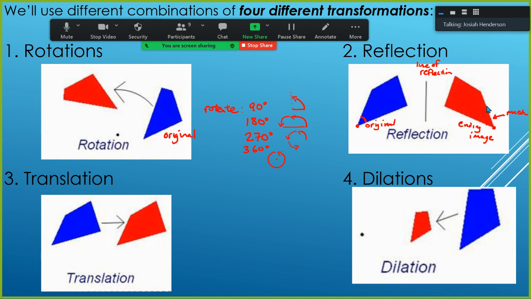Number 3 below is translation, and this is kind of a drag and drop. With translation, it's nice because the orientation is the same. We can see the blue image and the red image are in the same positioning.